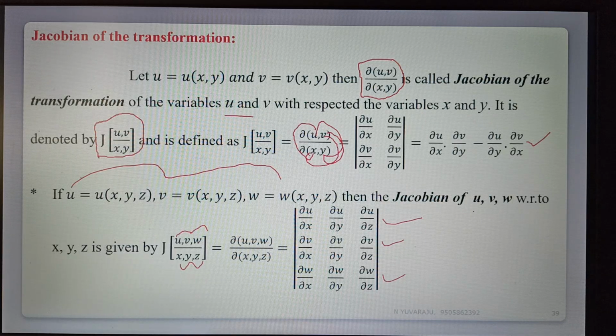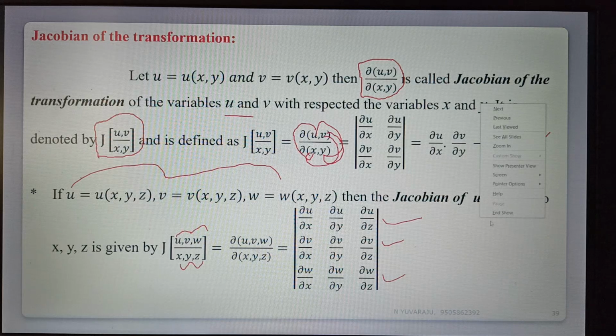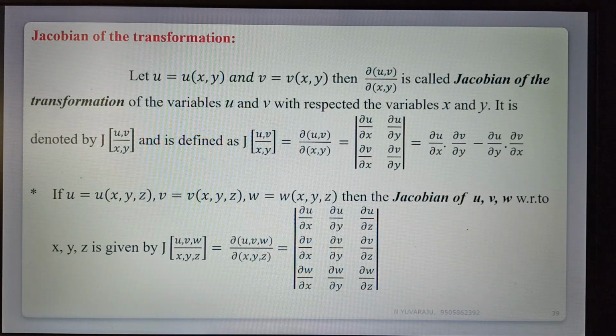Now finding the determinant, this value is called the Jacobian of u, v and w. Okay, this is the definition of Jacobian.